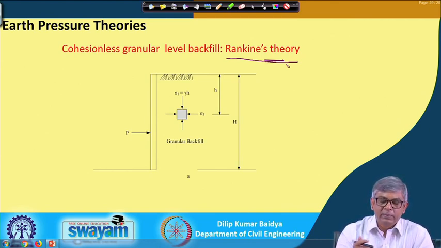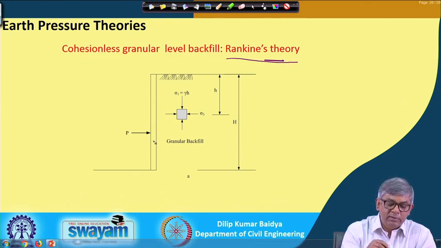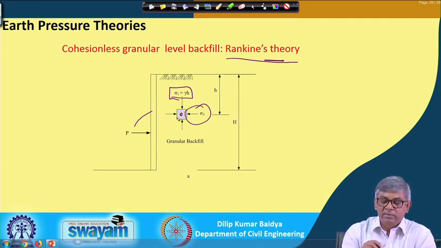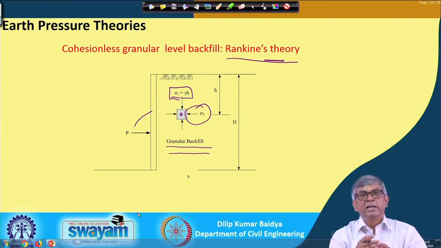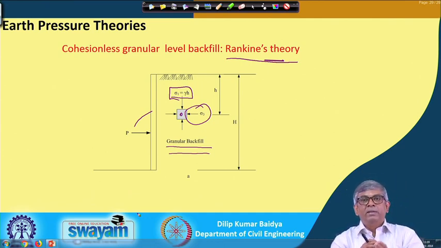Based on that he has given the earth pressure coefficients K_A and K_P. According to that, this is the wall, and at a particular point if the soil element is here, then sigma 1 is here and sigma 3 will be here at active condition. If there is a granular backfill, there is a failure envelope, and at fully active condition I can draw the Mohr circle.